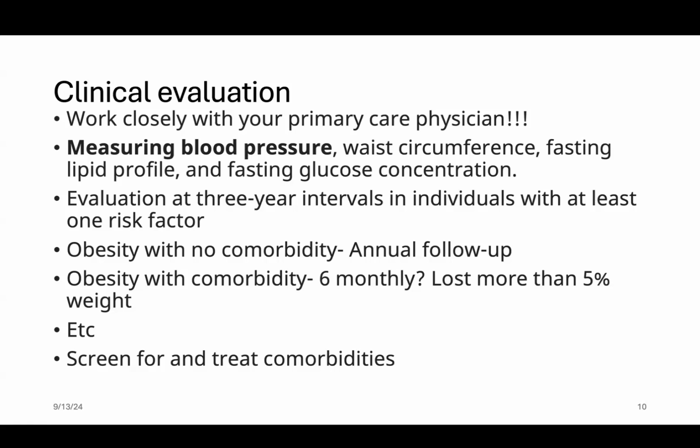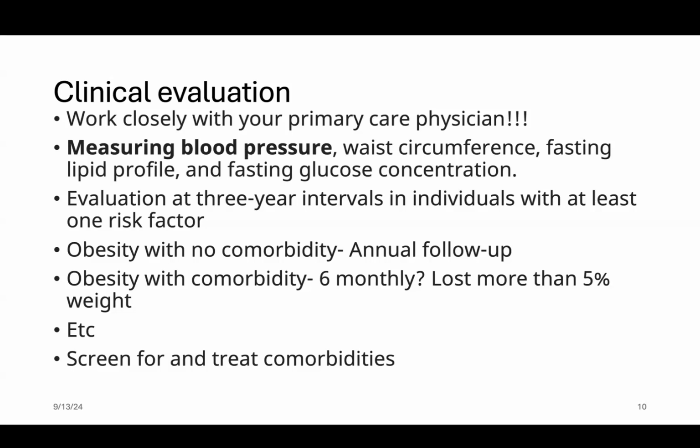The reason why we're saying that you need to work closely with your primary physician is that you need to be evaluated regularly. For example, if you are not at risk, we can say every 3 years you should see your primary physician. If you're obese with no comorbidity at all, your primary physician can say, okay, let me be seeing you every year for a follow-up.